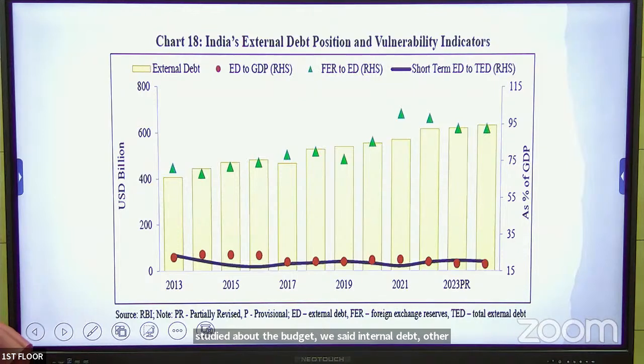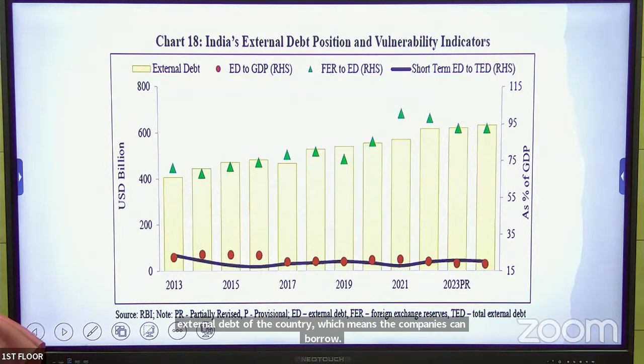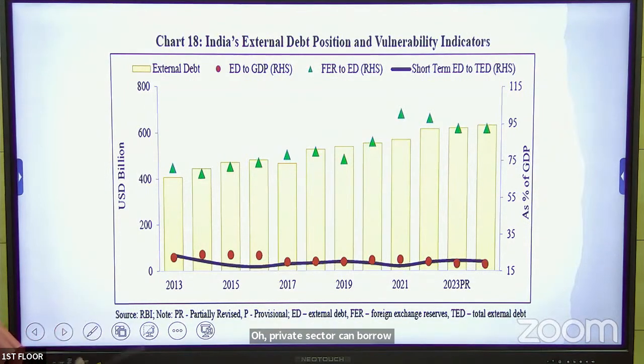At that point, I told you external debt is only a small quantity. Government doesn't borrow much from the outside. But now I am going to show you the data that the external debt of the country, which means the companies can borrow, private sector can borrow, NGOs can borrow, and the government can borrow, RBI can borrow.